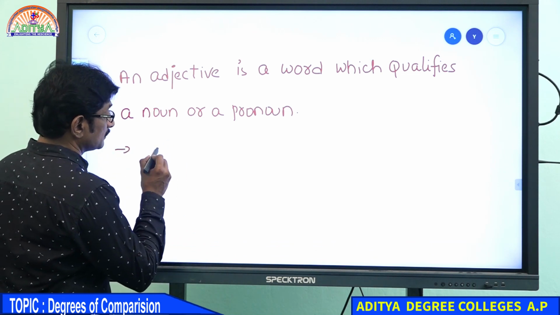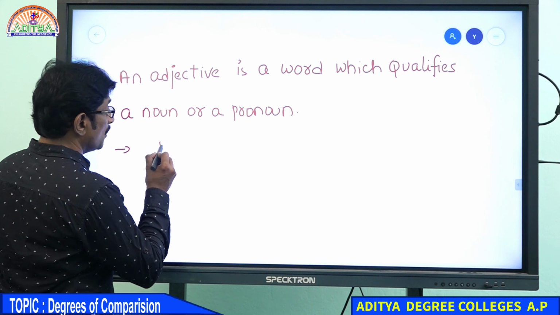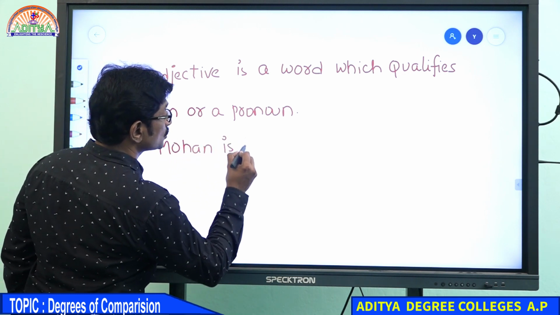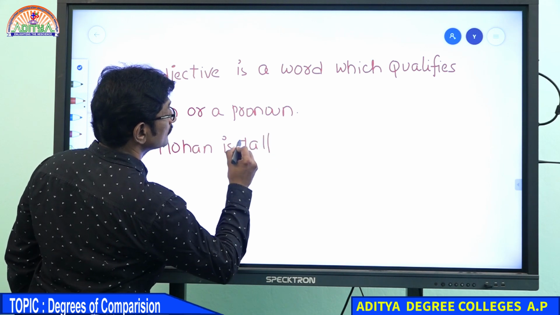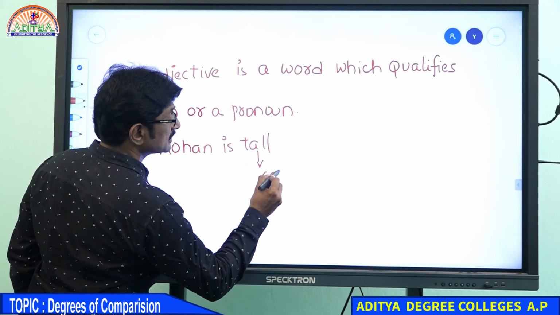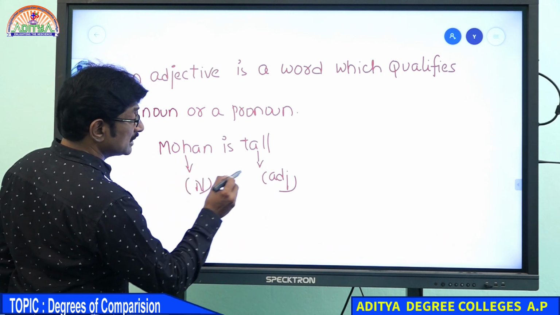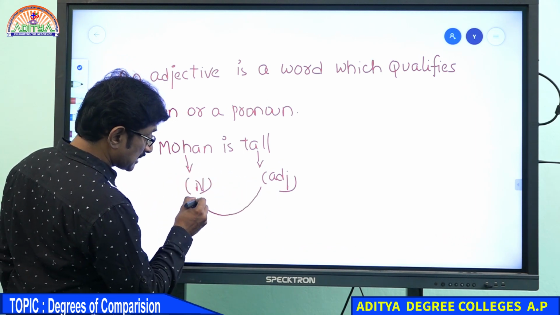For example, Mohan is tall. So here tall is an adjective and Mohan is a noun. This tall word tells about Mohan.